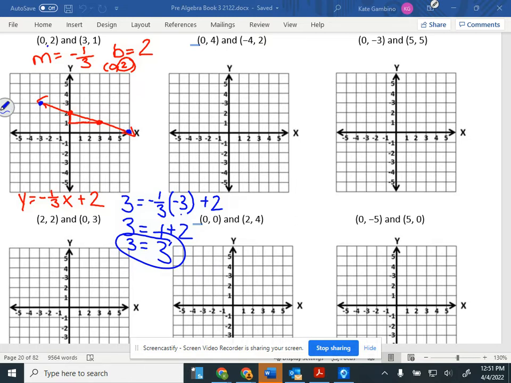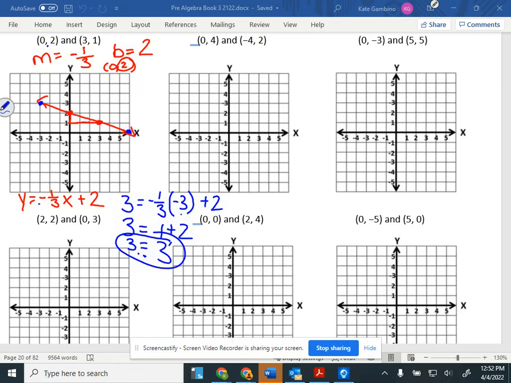Easiest way is just to take one of the ordered pairs that they give you, or you could use a new ordered pair following your slope. Any ordered pair on this line, you should get a true equation. So to show your work, you need to plug in an ordered pair into your equation and show that it works.